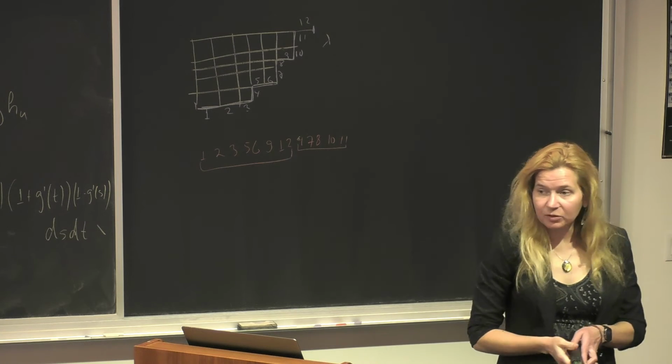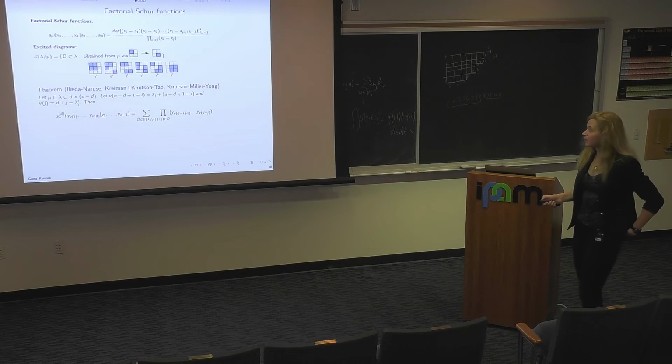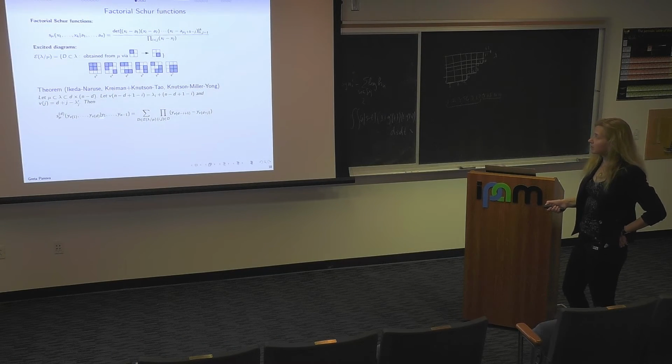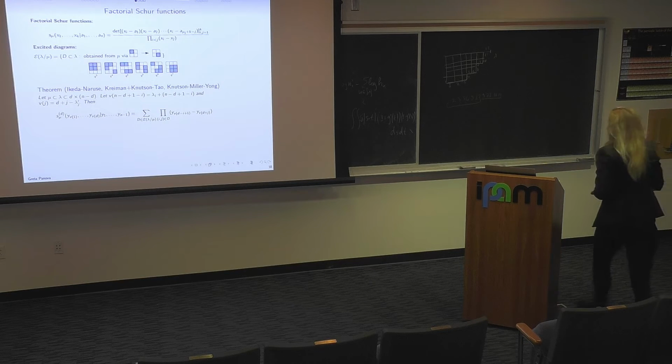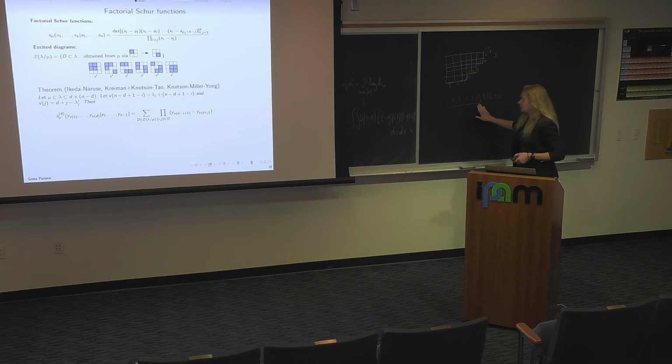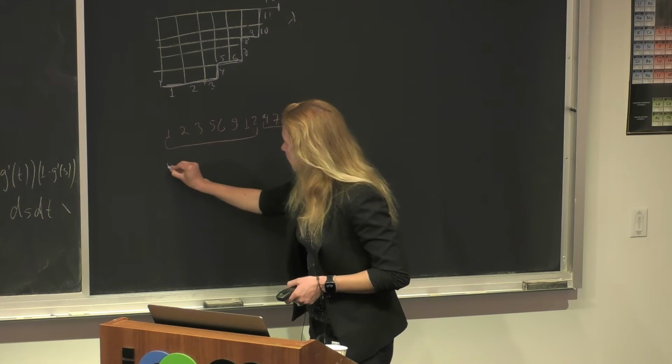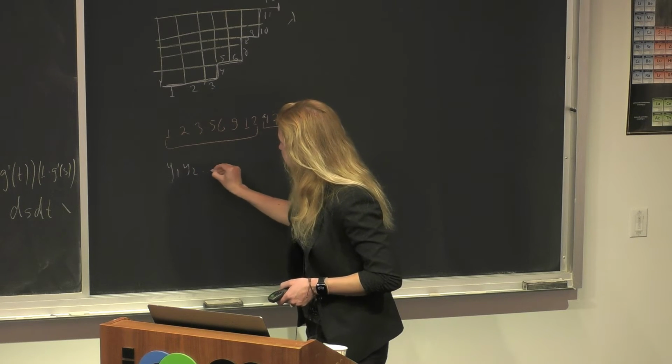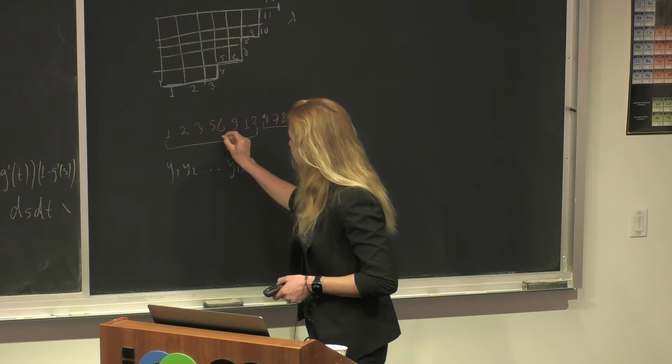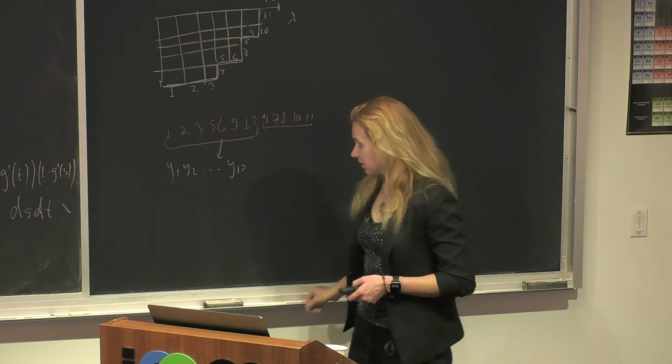And so if we plug in parameters, let's say y1 up to yn minus 1, and we evaluate so that the variables take the values of the first sequence, we're going to have y1, y2, and so on, y12 from here.